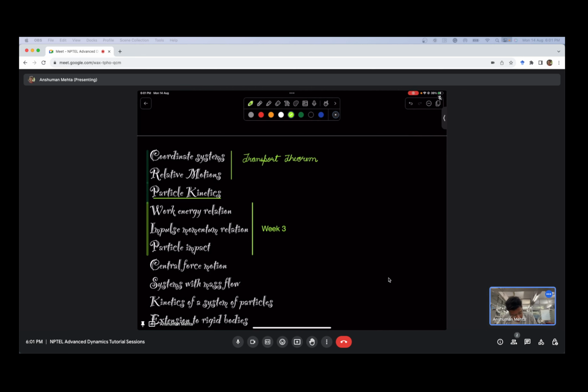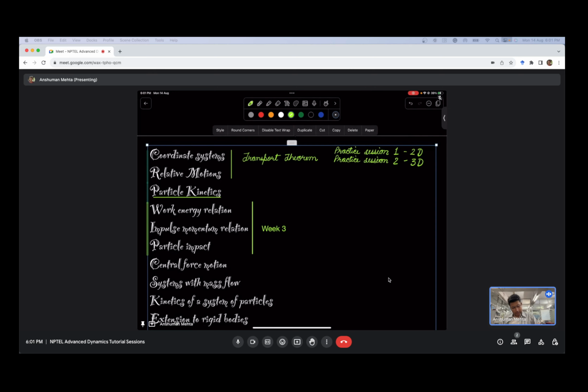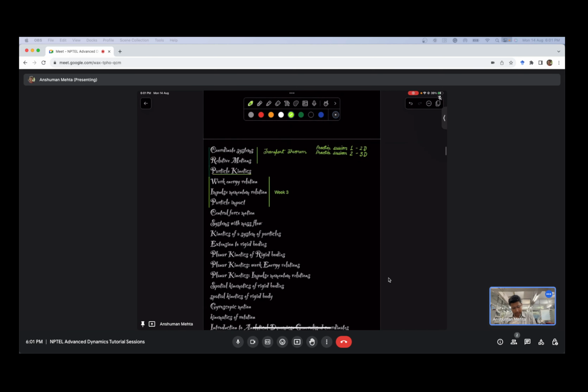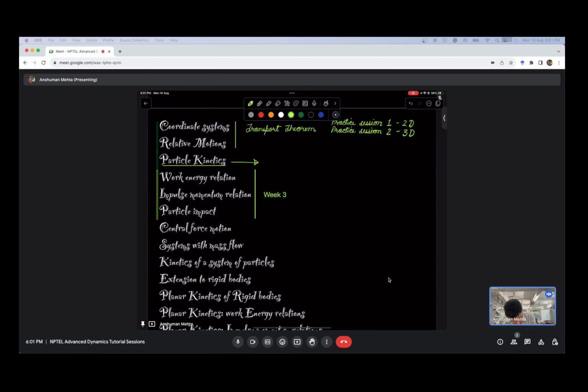So we had seen in practice session 1 2D examples, and in practice session 2 3D examples. Today we will look at particle kinetics. We will solve a lot of examples.